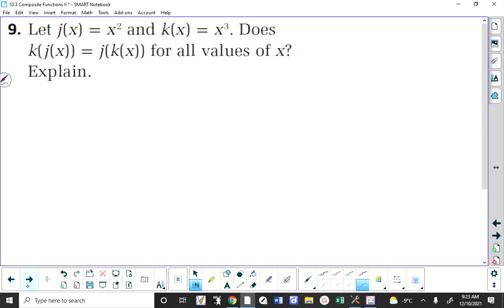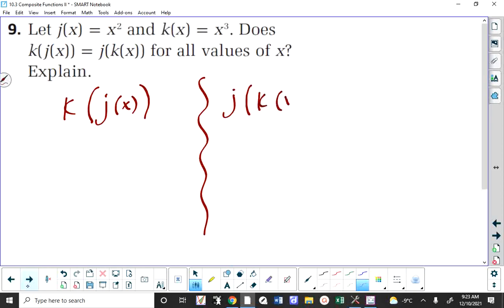What you need to do is use almost the same kind of approach that we did with proofs. Let's write k of j of x as a left side statement and j of k of x as a right side statement, and we're going to work on each of those separately.